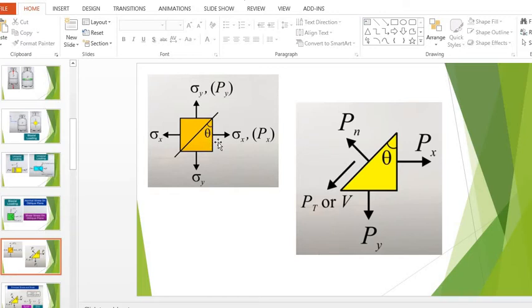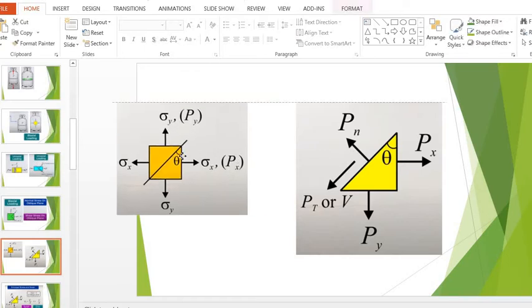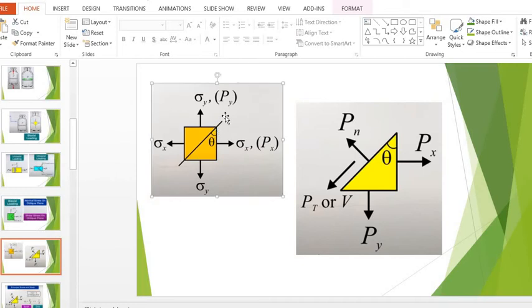If I resolve px and py about this oblique plane, we will get the normal force and the tangential force.